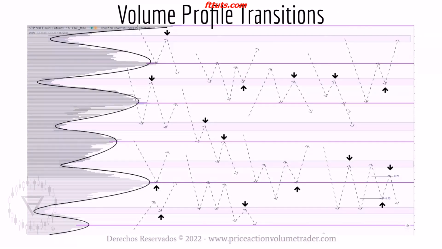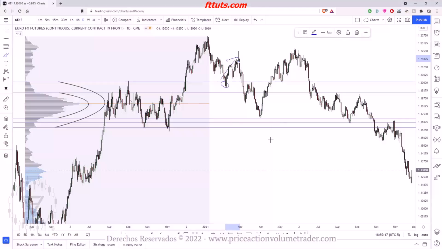We accept into a node and we deflect from the edge with trend, and then head to the point of control or to the other side of the node. And we can see that going on here.